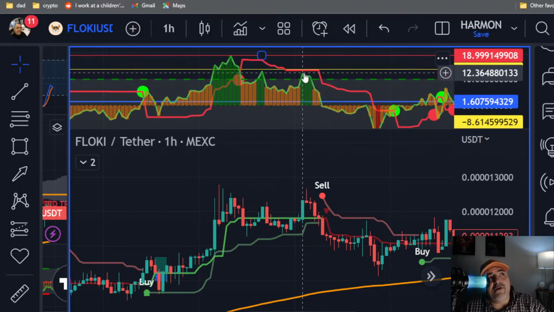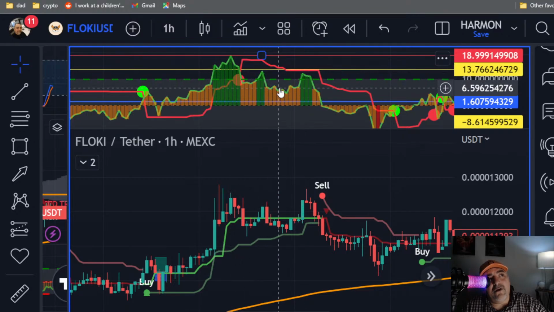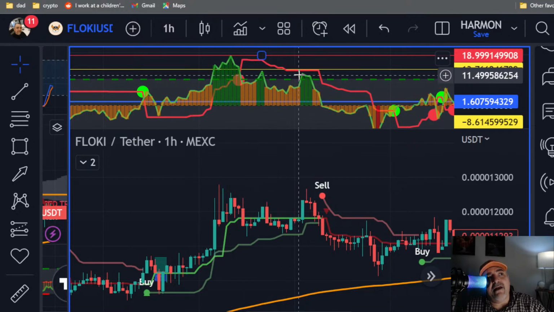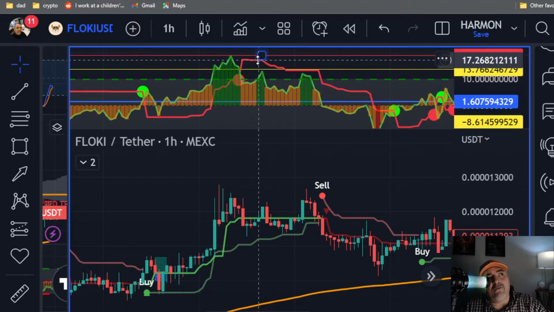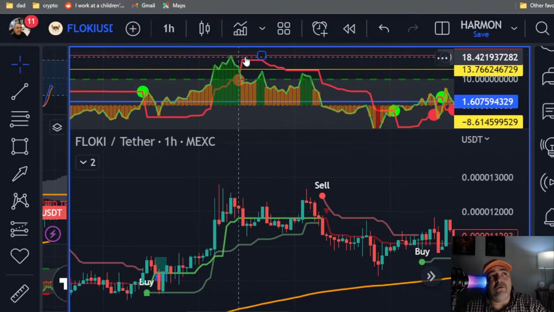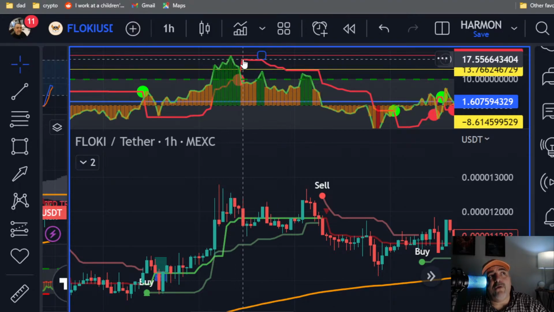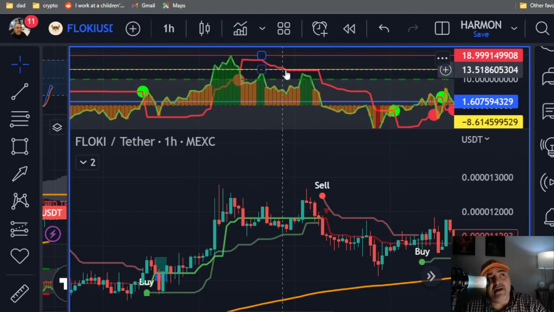And at this level, as we go sideways, once it gets down to 13, this level right here, and you see how the green rejection happened right here? This is where I short, because once this hits this out, this is basically maximum overload of sellout. This is oversold.